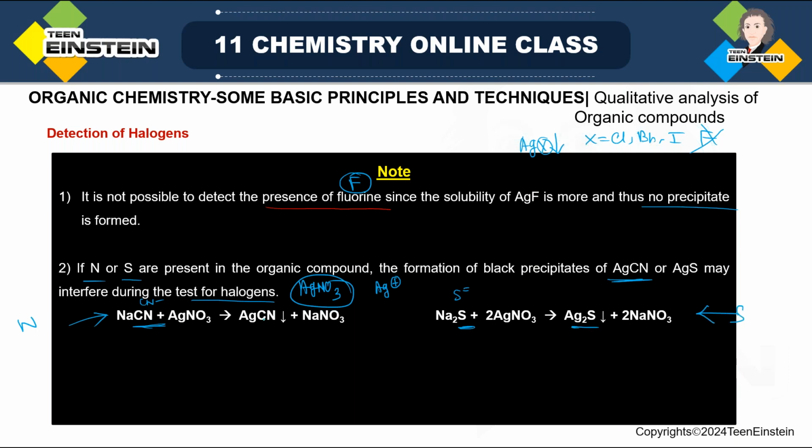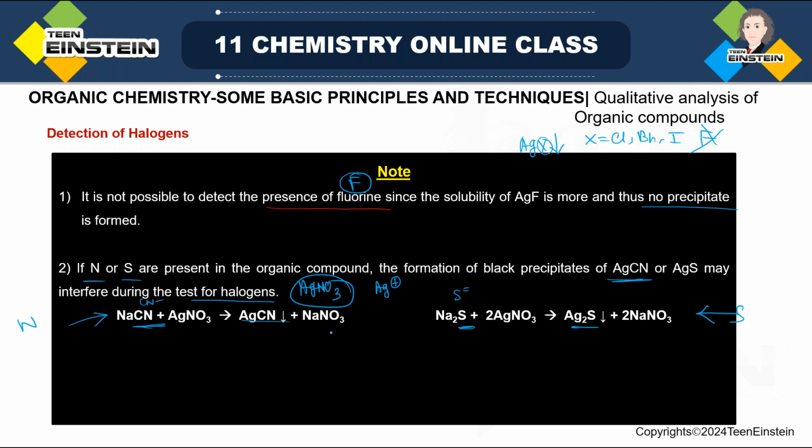Now, if this type of black precipitate is formed, and suppose there is also a precipitate of AgCl or AgBr, there will be confusion, because the precipitates of AgCl, AgBr, AgI are basically white, pale yellow or yellow. But if you have some black precipitate, obviously there will be interference.